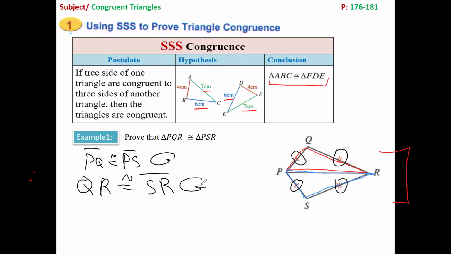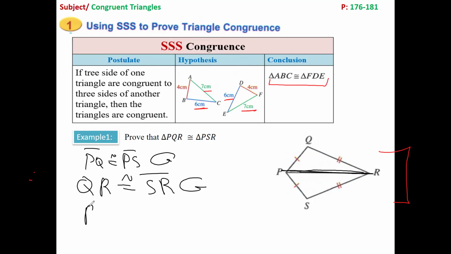And guys, you need to know one more thing. What is it? If you have a common line, if you take a look, PR is common between the red one and the blue one, this line in the middle. So we call this one the reflexive property. So what is the reflexive property? It's a common line between the two triangles.